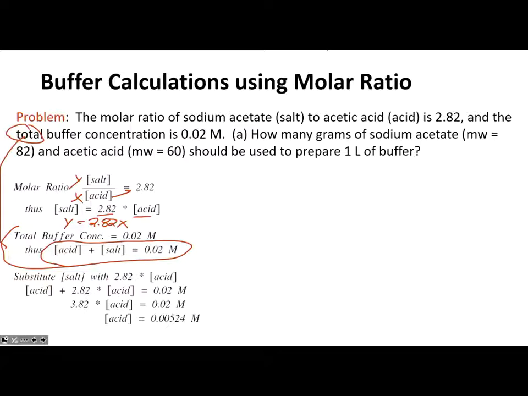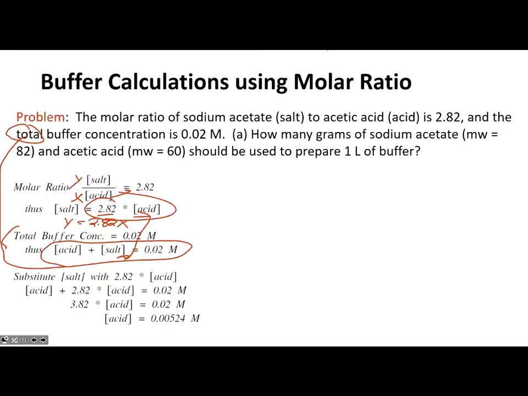Once again, I don't want two variables, so let's substitute all of this over here for the salt. If you do that, then that would be acid plus 2.82 acid equals the 0.02. We just substituted the salt with its expression in terms of the acid, which was 2.82 times its concentration.